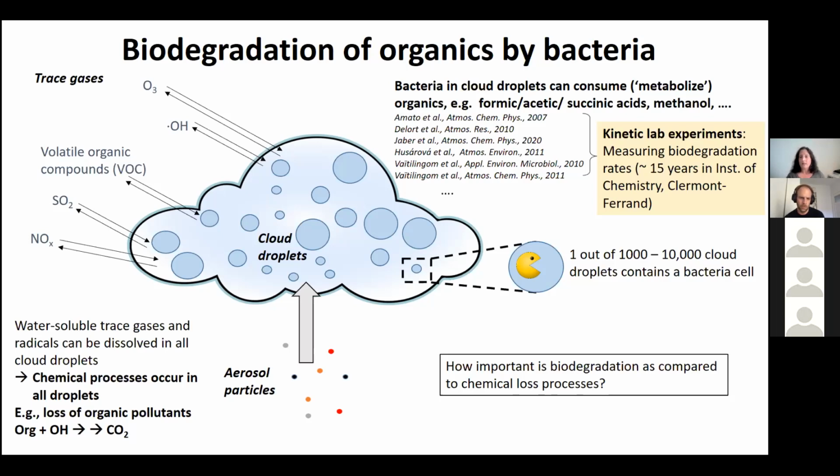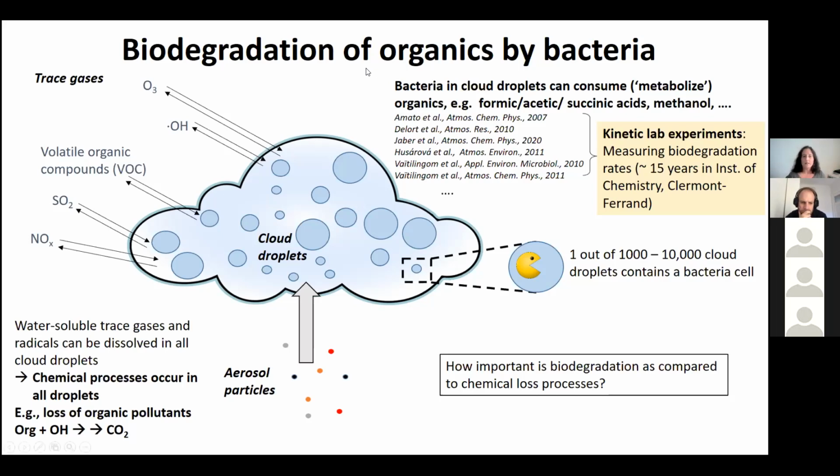But the group here in Clermont-Ferrand, for the last 15 years or so, has not only measured bacteria cells in cloud water, but also took them to the lab and measured the biodegradation rates for different bacteria strains found in cloud water, and how quickly they consume the organic compounds in water.